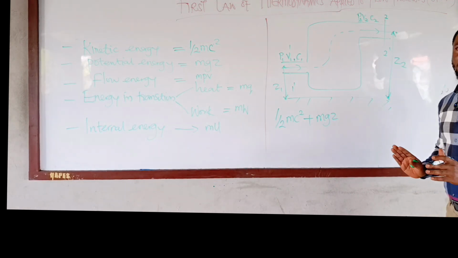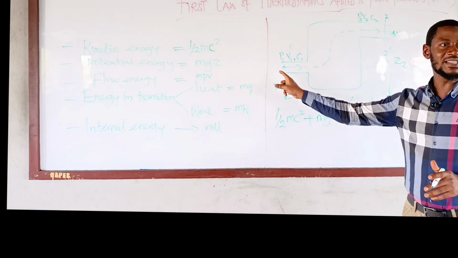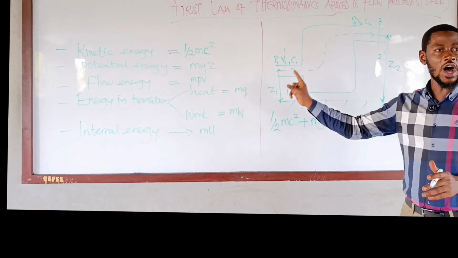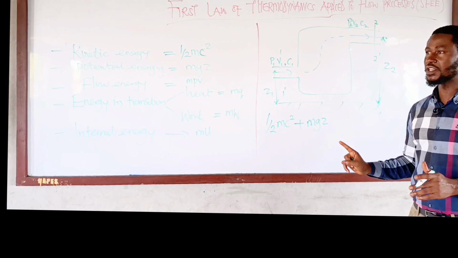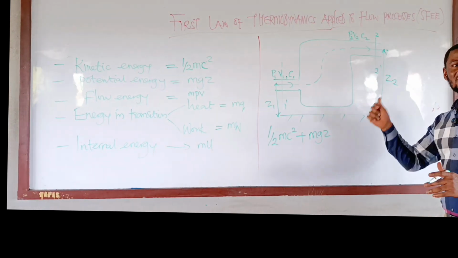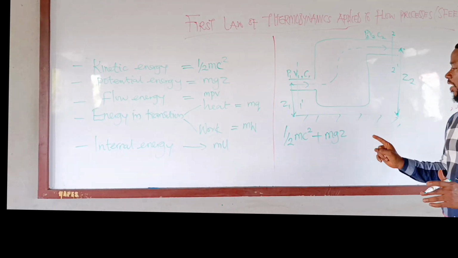If you look at this system, it is showing us that something is entering and something is exiting. So 1 prime is representing the inlet, while 2 prime is representing the outlet, the exit of the system.